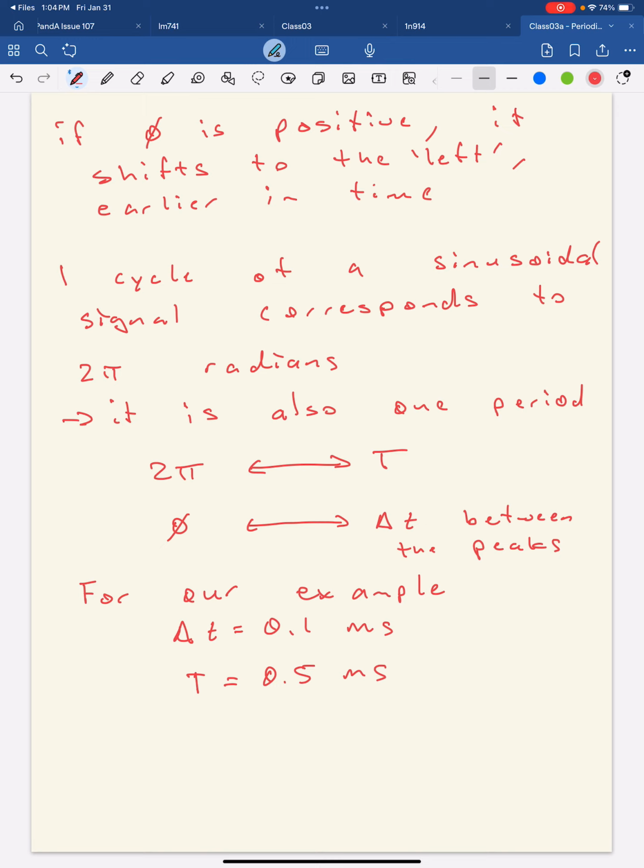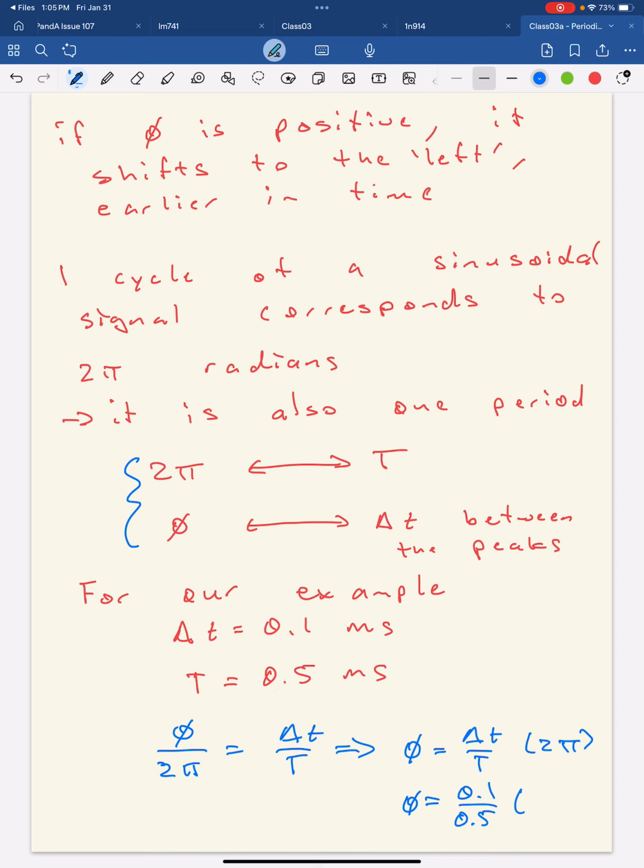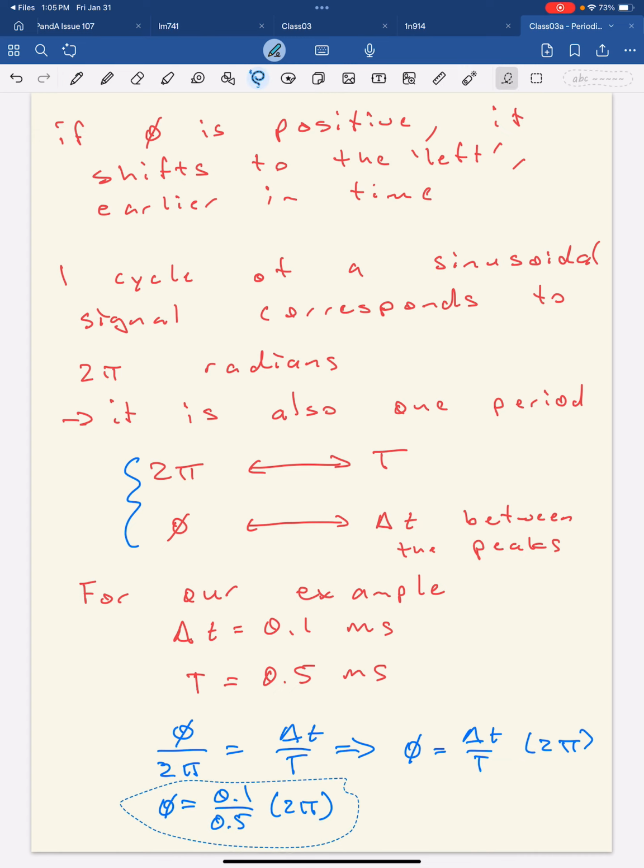That means we can get the phase shift by taking these two relationships and writing phi over 2 pi equals delta t over T, or solving for phi, phi equals delta t over T times 2 pi. We get phi equals 0.1 over 0.5, and milliseconds if you want, but they will cancel, times 2 pi.